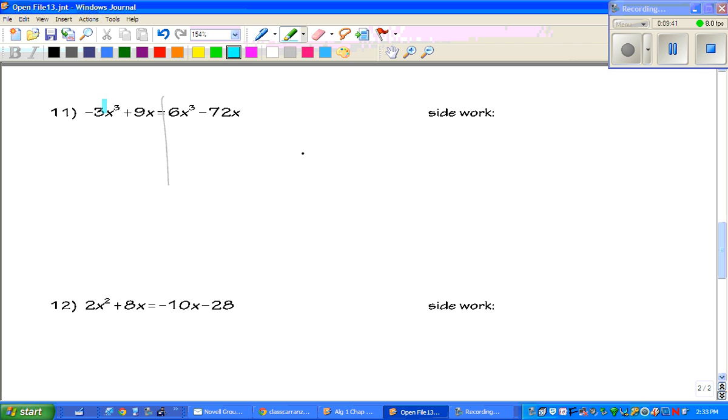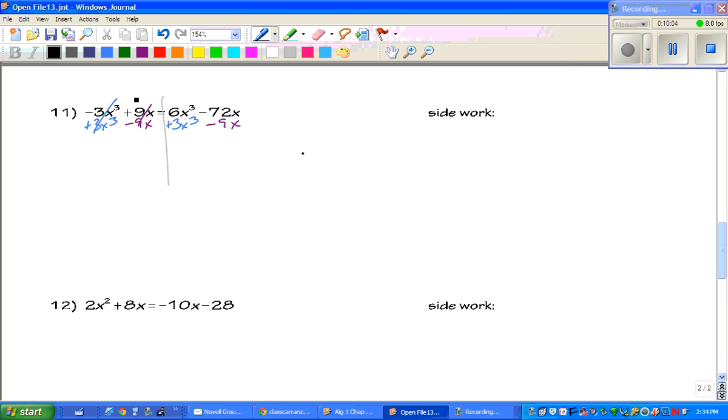Alright, now, looking at our leading coefficients, which one are we going to move? We're going to move the negative 3 because if I move it to the other side, it turns to a positive 3. Okay, and we're going to subtract the 9x.